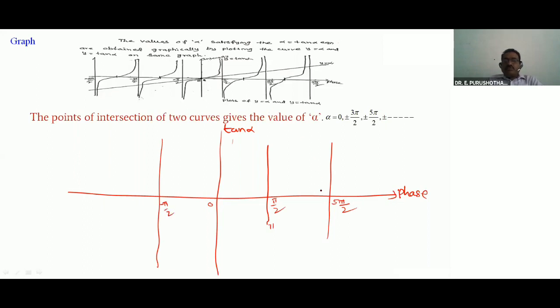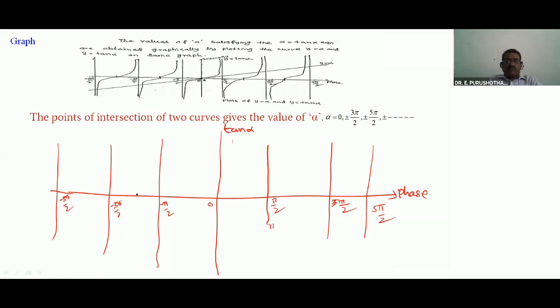This is pi by 2, here 3 pi by 2, another one 5 pi by 2. So here also minus 3 pi by 2, this is minus 5 pi by 2.